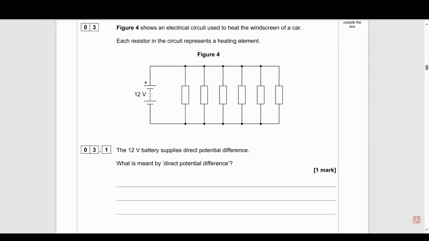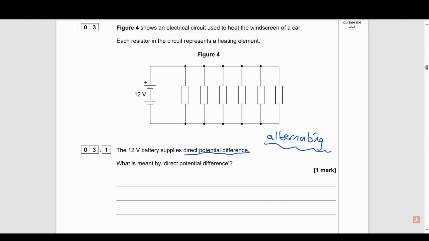3.1. The 12-volt battery supplies direct potential difference. What is meant by direct potential difference? Well, there are 2 types of potential difference. There is direct, and then the other one is alternating. Now, thinking about the word alternating means constantly changing direction.